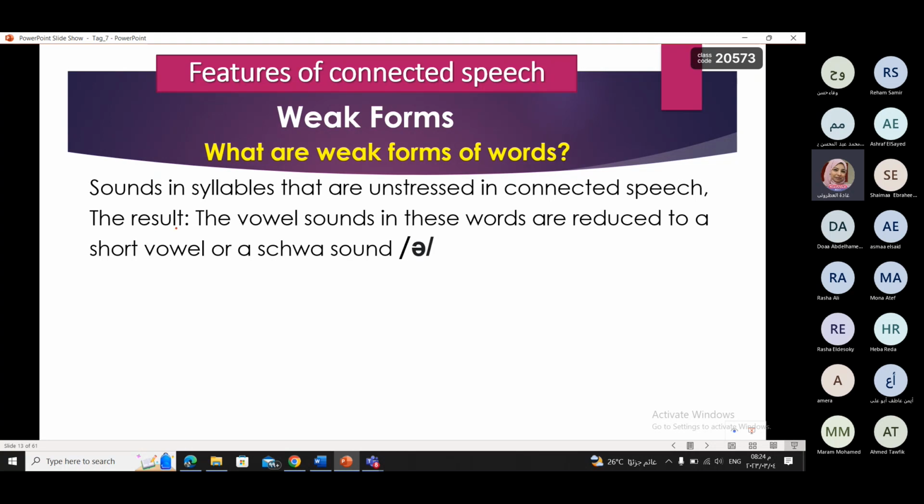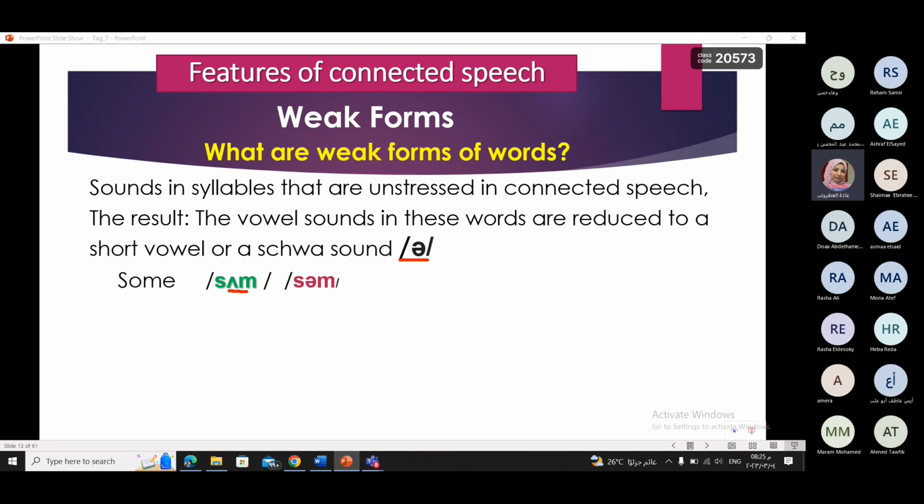So what is the result when these syllables are unstressed? The vowel sounds in these words are reduced, shortened, or weakened to a short vowel like a schwa, like this symbol. For example, the word some. If we read this word, it will be like this, some, with this sound.